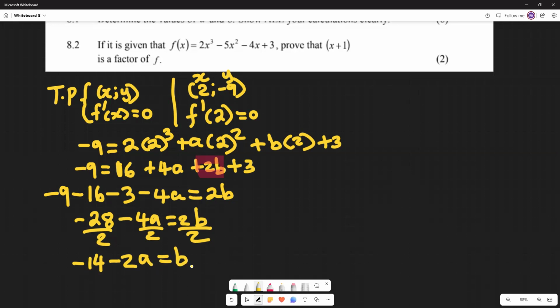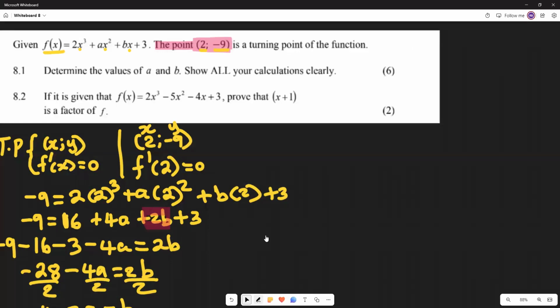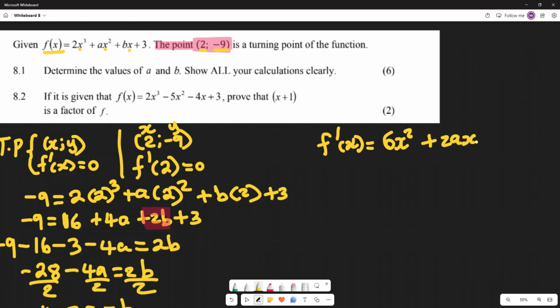Perfect. And now let's go back up. We now need to do the derivative. So the derivative of f of x, when we derive this, gives us 6x squared plus 2ax plus b. This is 1, so 1 times b, it's b, and then the constant, derivative of a constant is 0.